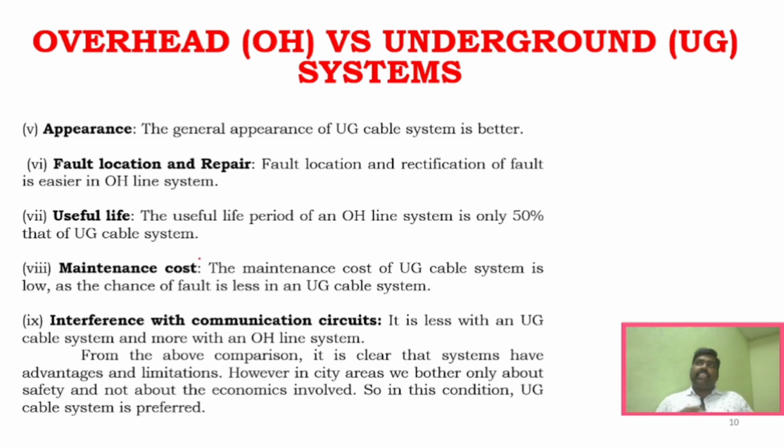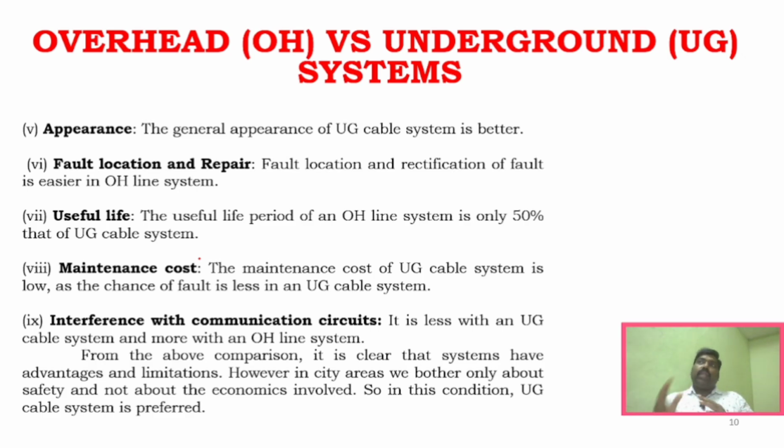And whenever there are faults, we have to repair and replace it, right? And interference with communication circuits is very less in underground cables because it is buried underground. Whereas for overhead cables, the interference will be very high. That's because it is exposed to atmosphere, and it will have interference with various communication circuits, right?